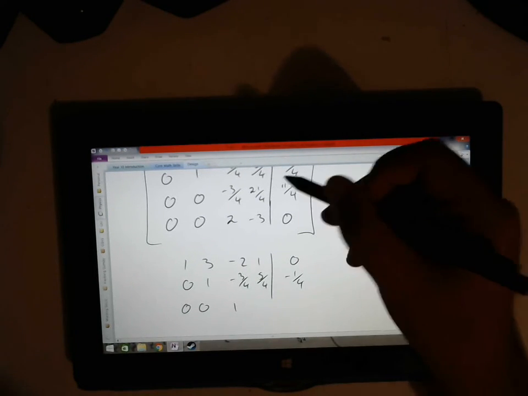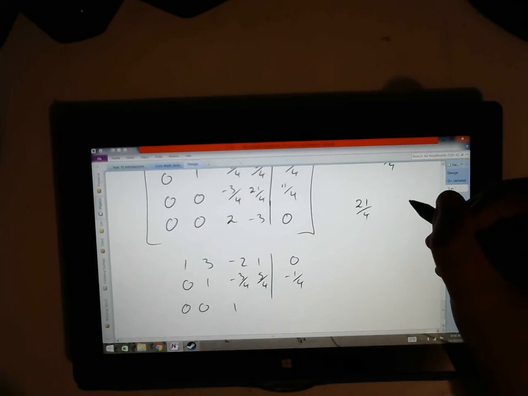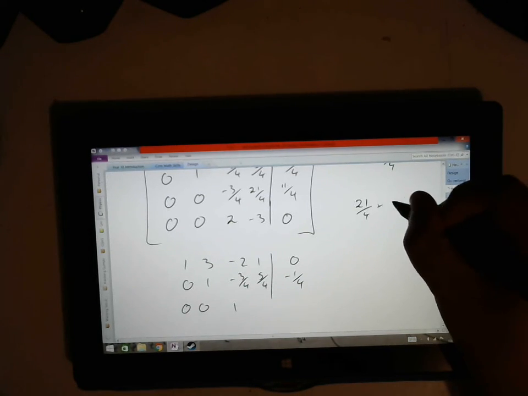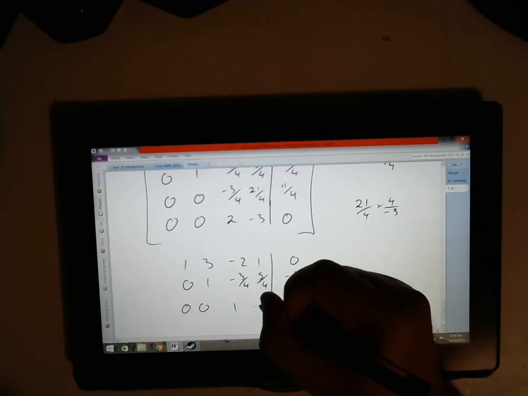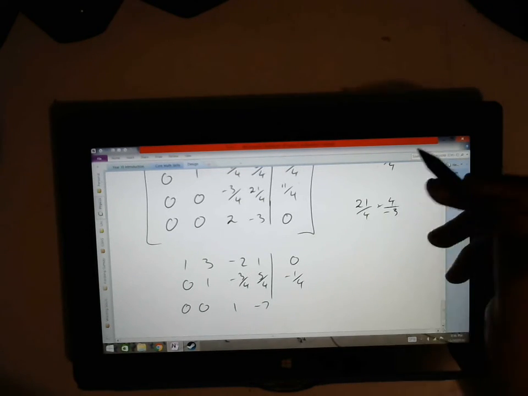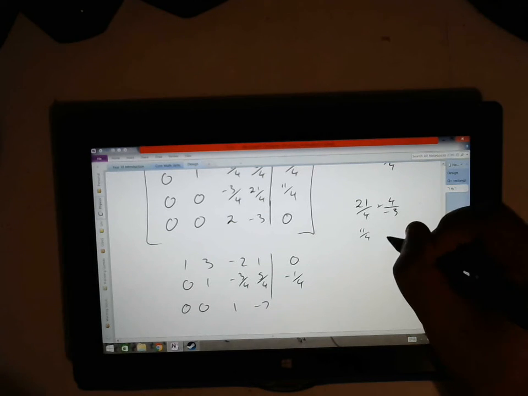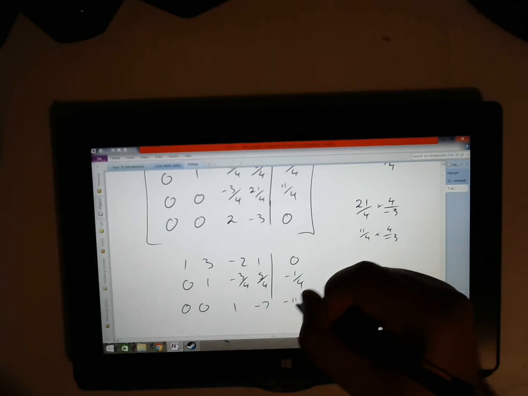Okay, so 21 over 4 divided by negative 3 over 4 is the same thing as multiplying by 4 over negative 3. Which would give us, well, negative 7. If we have a look at our other line, 11 over 4 multiplied by 4 over negative 3 would give us negative 11 over 3.